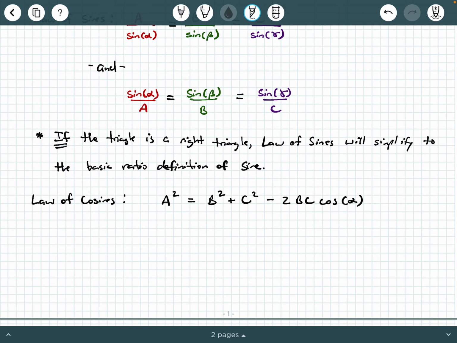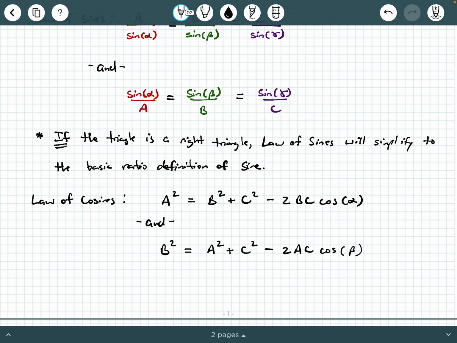Now, what's also cool about this is this relationship works for all three sides and angles. So we can also say B squared is equal to A squared plus C squared minus 2AC times cosine of beta, okay?